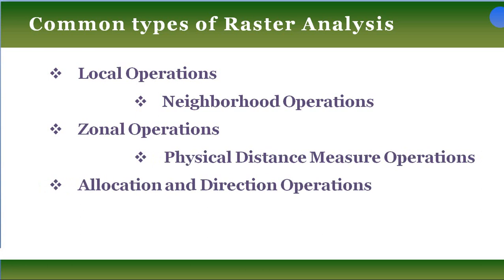Based on raster data and specific sources, we can also perform allocation and direction operations, which are very useful for transportation purposes and for suitable site finding. Both physical distance, allocation and direction raster operations are based on raster along with some sources, either a single source or many sources.